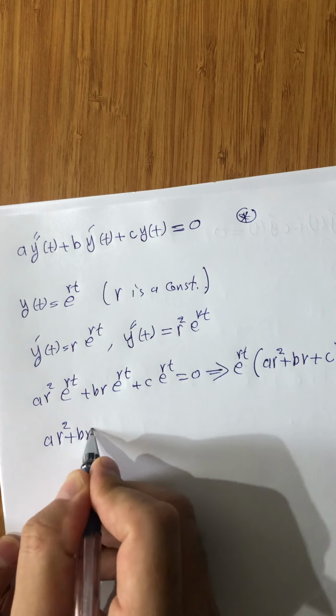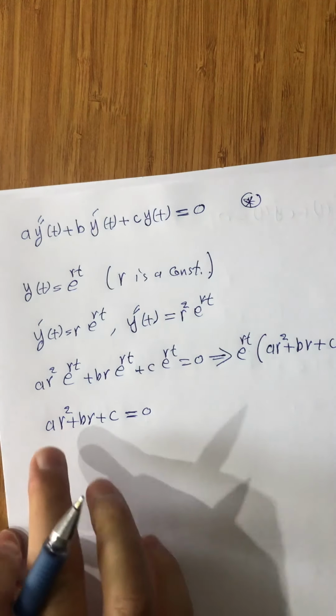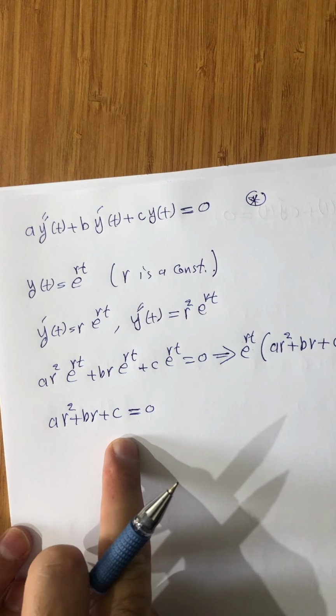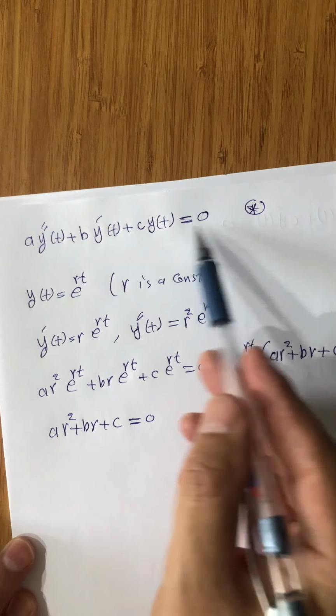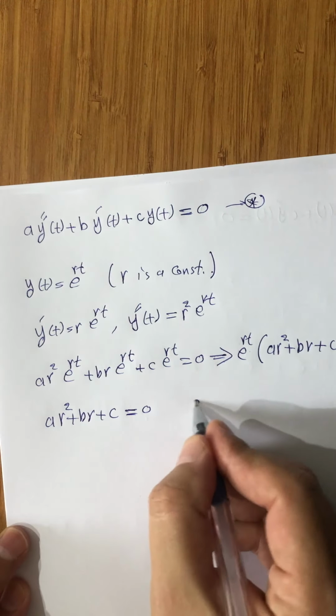Of course e to the rt is not equal to 0, so a r squared plus b r plus c should equal 0, and this algebraic equation is called the characteristic equation of the differential equation star.